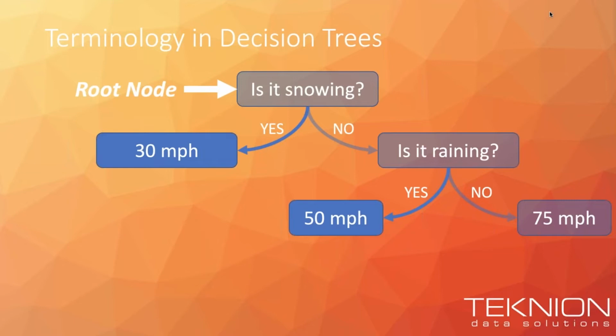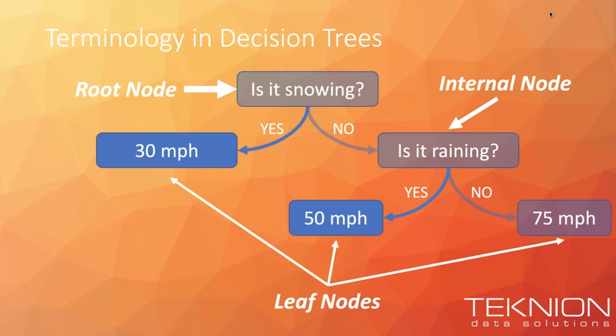Another way of thinking about this is that it's the one that explains the most about our data. So we generally start with that one, and then we work down. After we know whether or not it's snowing, we need a follow-up, an internal node, asking what a good second question is. Again, a lot of this is mathematical, but the point is that you're creating a decision tree based on a hierarchy of importance of questions to ask, or importance of variables to put in there.